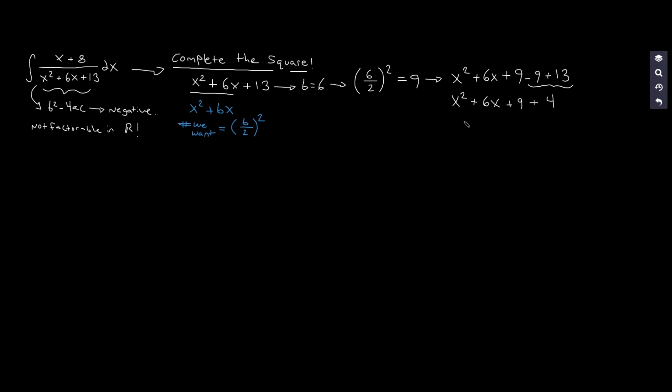The next thing to do is to recognize that this is a trinomial of the form a squared plus 2ab plus b squared, which equals a plus b quantity squared. So if we have x squared plus 6x plus 9, just ignoring that 4 for now, that equals x plus 3 squared.